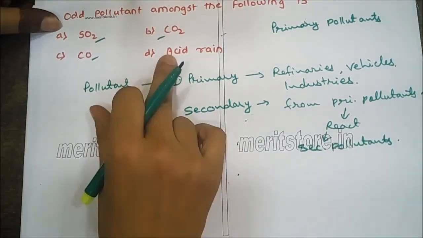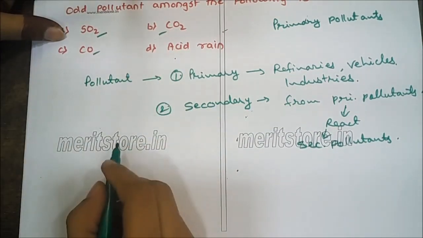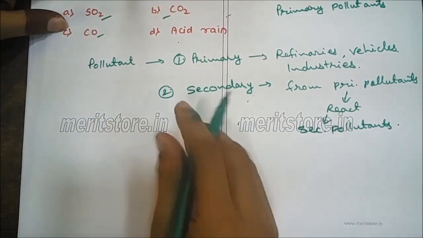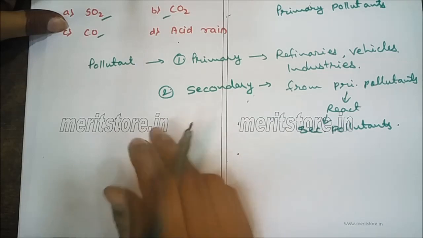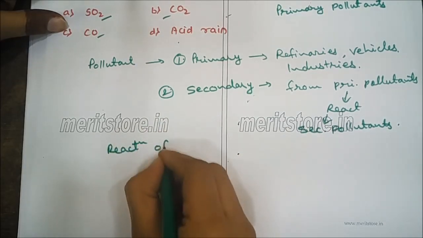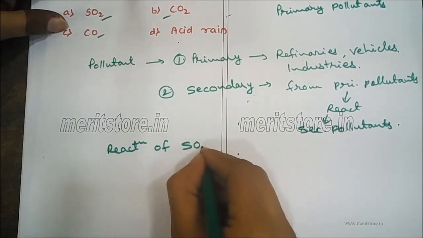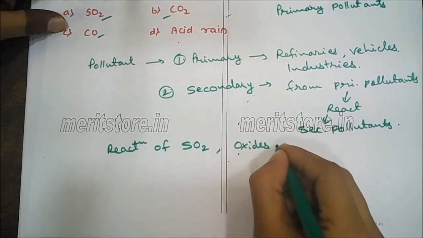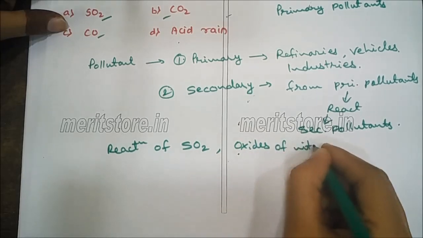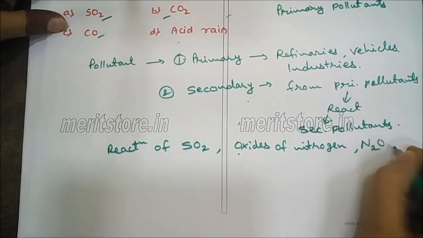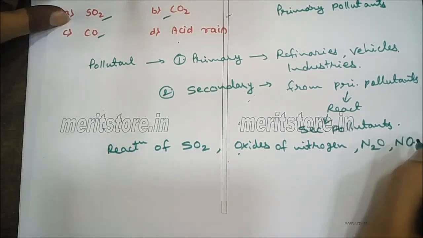But acid rain is a kind of secondary pollutant. This acid rain is formed by the reaction of sulfur dioxide and oxides of nitrogen, that is nitric oxide and nitrous oxide.